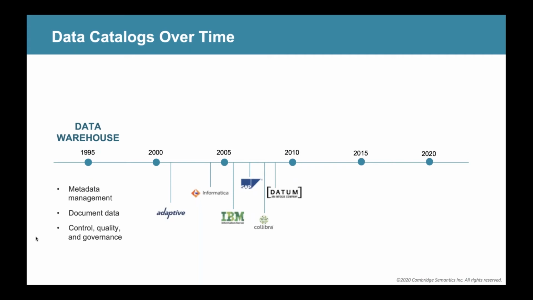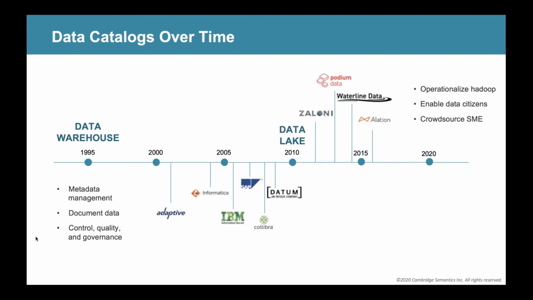Originally, most of these platforms were thought of as metadata management platforms, and their objective was to document what data exists in the organization and then add a layer of context with things like business definitions and glossaries to describe that data. Fast forward to 2010, and really a new generation of catalogs emerged, and their origin story was out of the data lake.